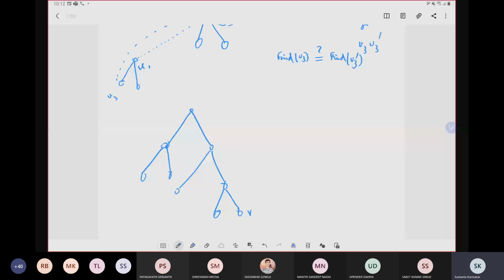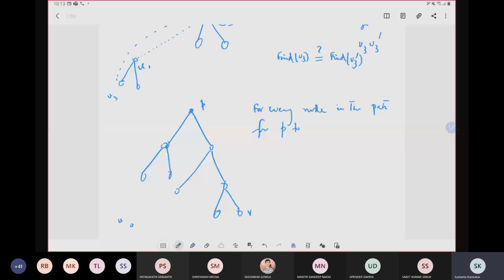So what I can do is, after that find V, I know this. Let's say this is the parent node P. So what I can do for every node in the path from P to V, where P is the root node, after which there is no further way we can go up.